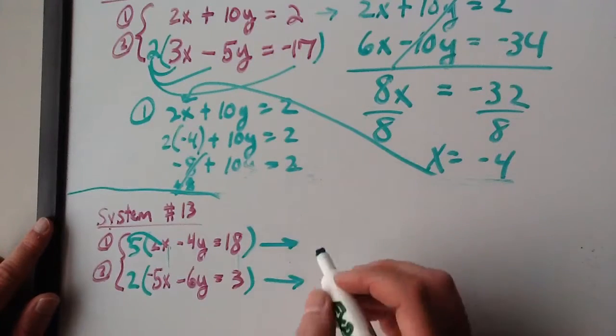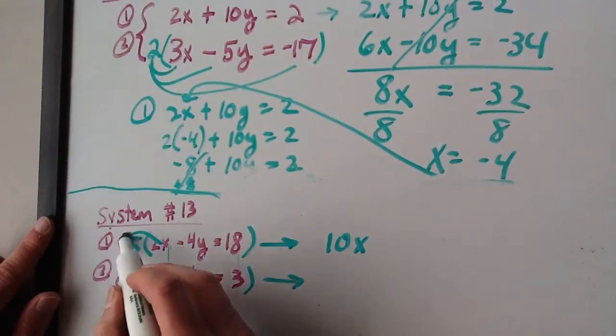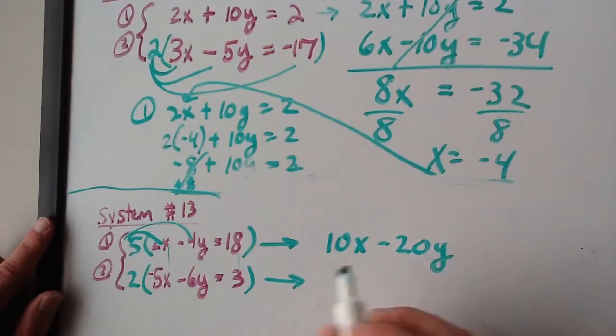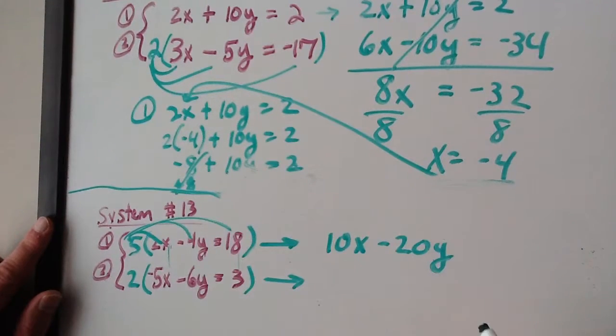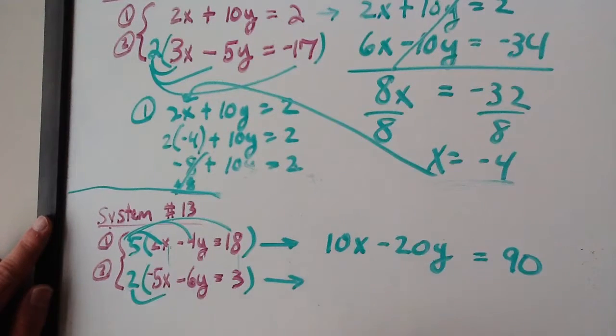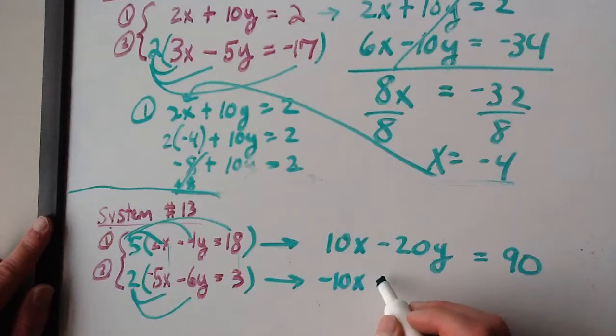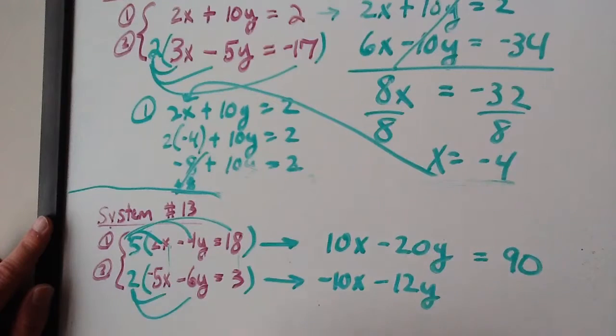So 5 times 2x, that's 10x. 5 times negative 4y, that's negative 20y. And 5 times 18, that is 90. Now for your second equation, 2 times negative 5x, that's negative 10x. 2 times negative 6y, negative 12y. And 2 times 3, that is 6.